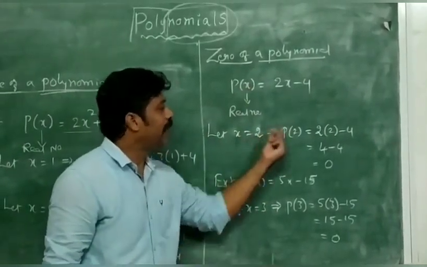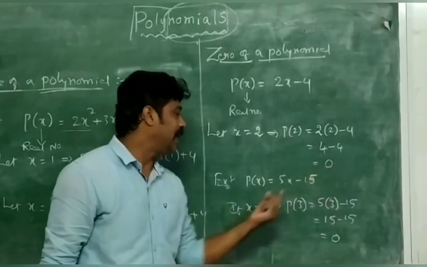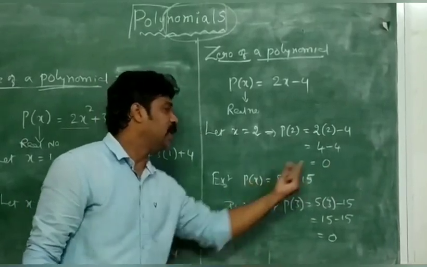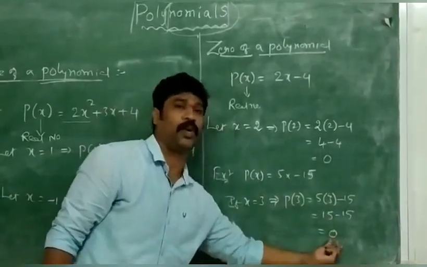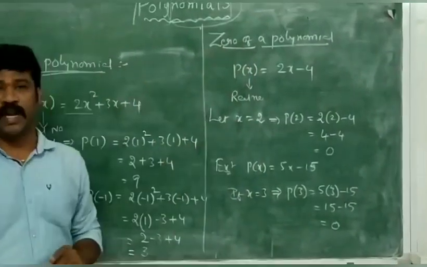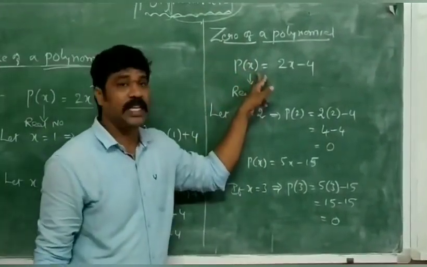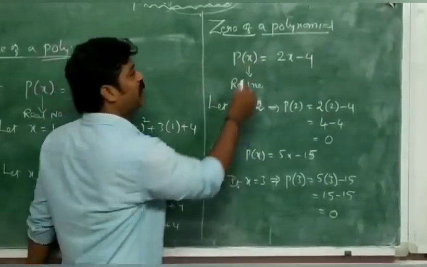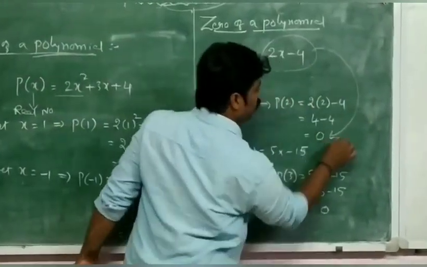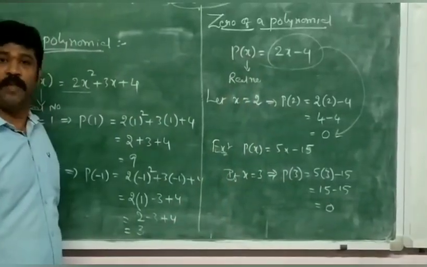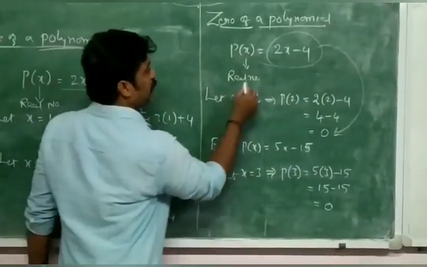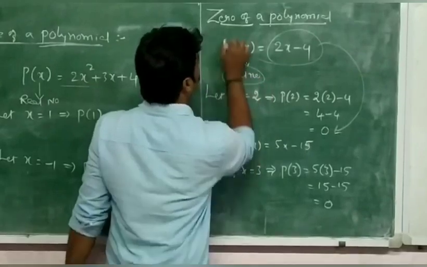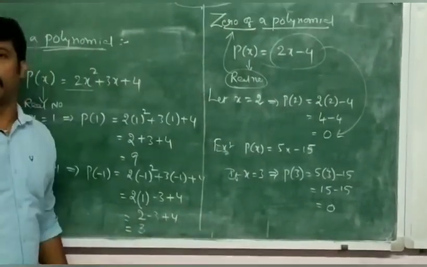Now if you observe these two examples, in place of x, if you substitute 2, we are getting its value as 0. Similarly, in the second example, if you substitute 3, that polynomial becomes 0. So simply, the zero of a polynomial we can define as: if p of x is any polynomial and in place of x you substitute a real number, and if the polynomial becomes 0, then we say that this real number is the zero of that polynomial.